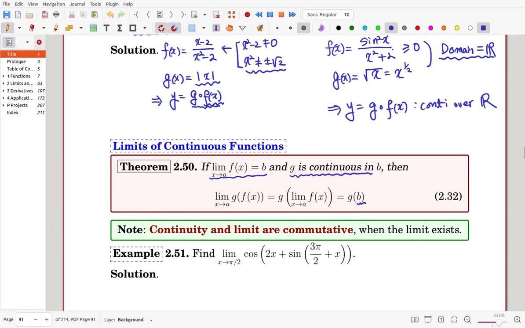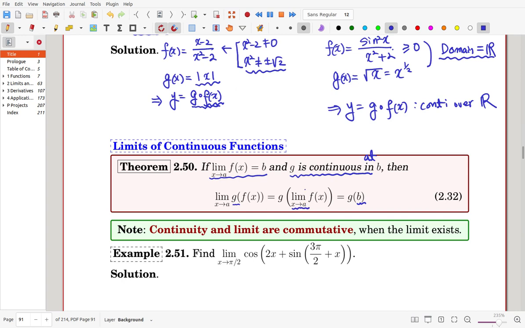g is continuous. Then the limit and the continuous function are applied the other way around. In one case, g is applied first, but in the other case, the limit is applied first.